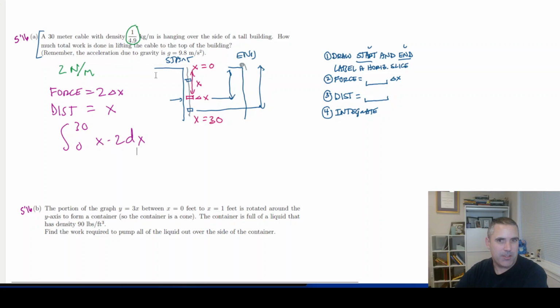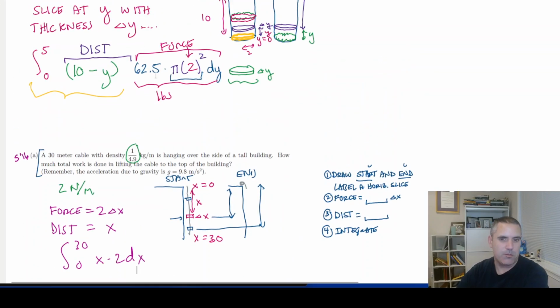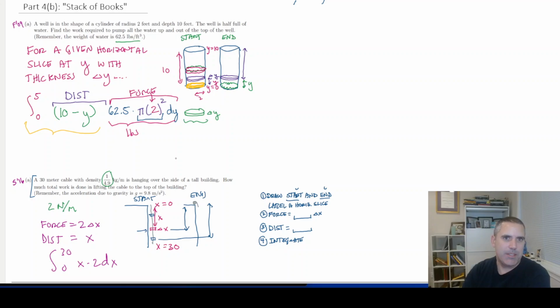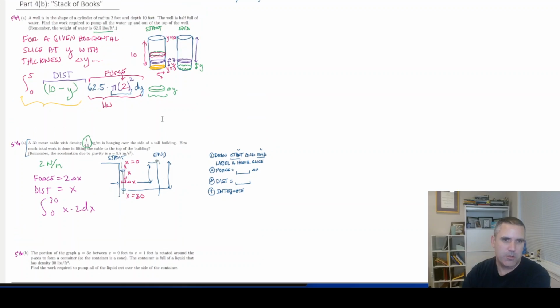What I like about this is pumping is the problem that bothers students the most. And by doing the cable problem this way, we can see something that's very similar. So I use the cable problem as a stepping stone. This is why I did this when I first started teaching this course. I remember thinking, maybe it's wrong, but if I teach cables this way, then the setup will be the same for cables as well as pumping.